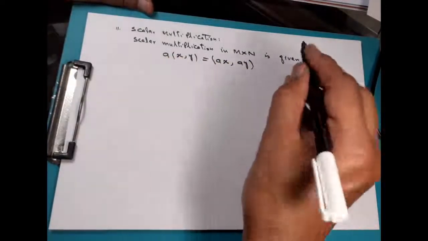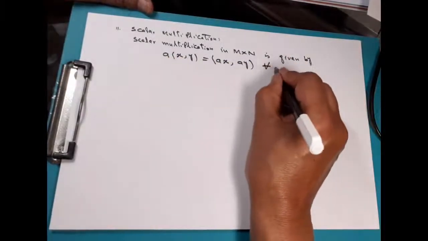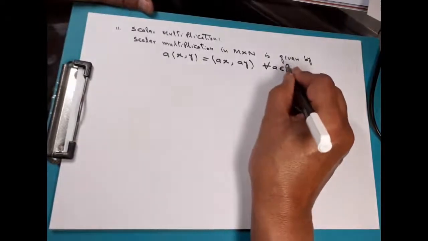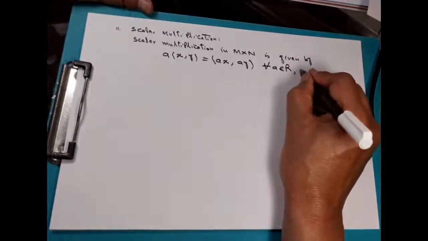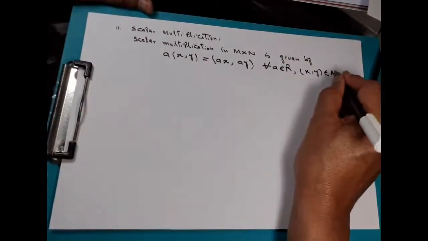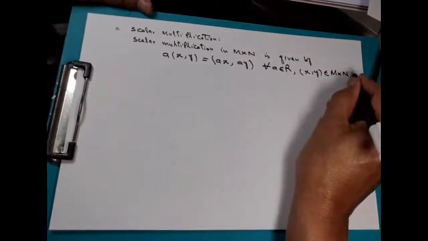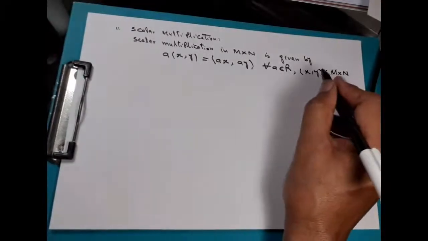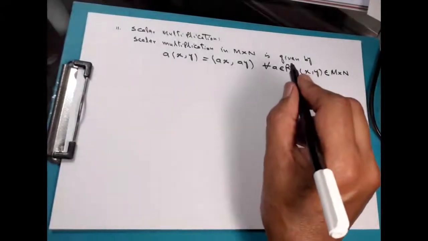This again is component wise, for all elements of the ring and all elements of M cross N. So this is the way we define scalar multiplication.